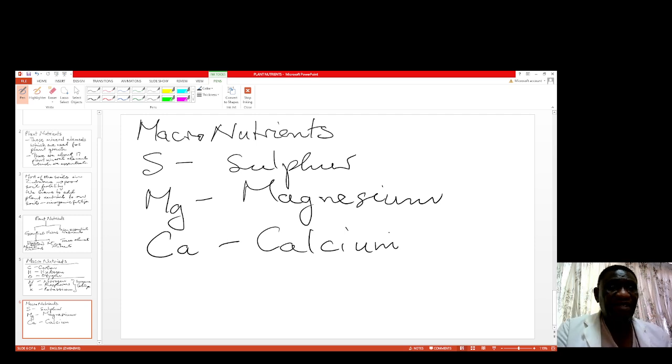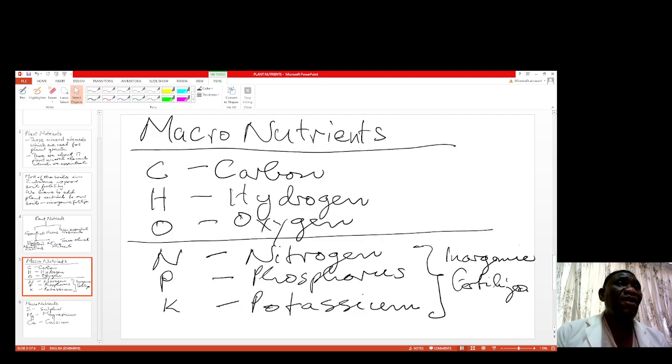So please note that for macronutrients, those first three appear to be abundant. They are not part of our inorganic fertilizers.